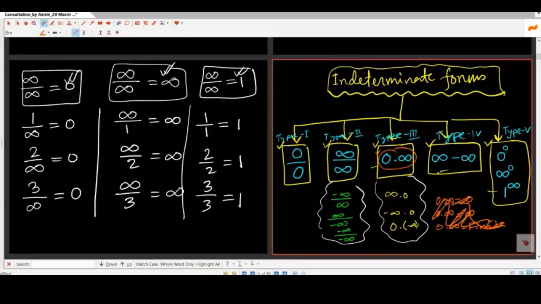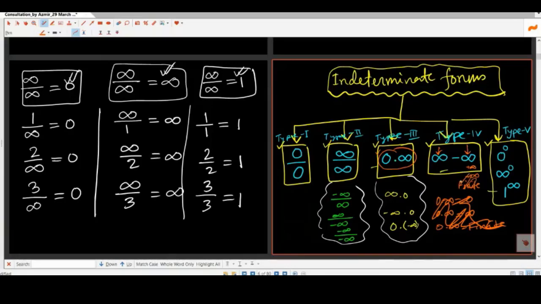Similarly, there is a contest between infinity and negative infinity. If this wins, then the result will be plus infinity. If this wins, the result may be negative infinity, or this may result in a finite number.